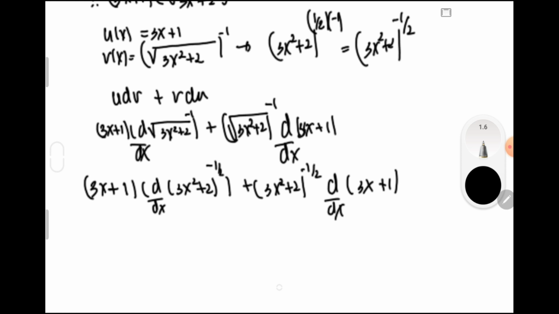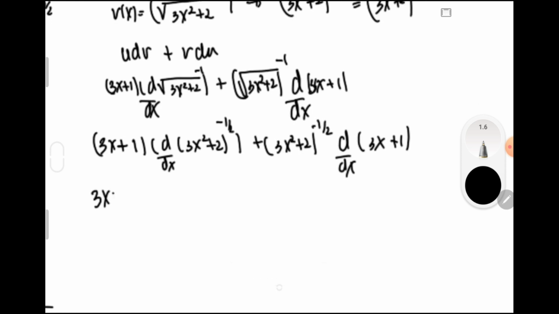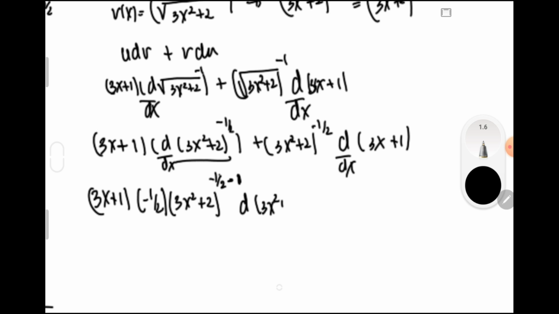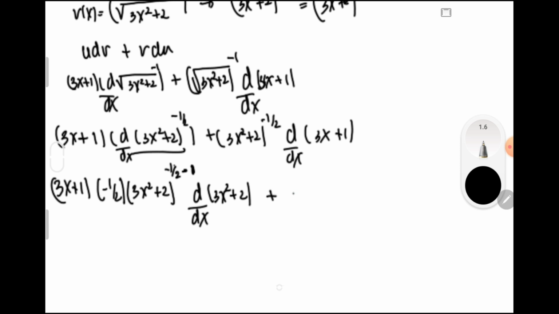Okay? So therefore, we'll have a value equal to 3x plus 1 multiplied by the derivative of this, which is negative 1 half multiplied by 3x squared plus 2 raised to negative 1 half minus 1, multiplied by the derivative of our 3x squared plus 2. That will be our video, right? So plus our 3x squared plus 2 raised to negative 1 half multiplied by the derivative of 3x plus 1, which is equal to 3.